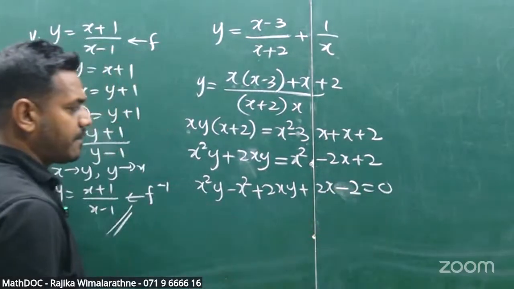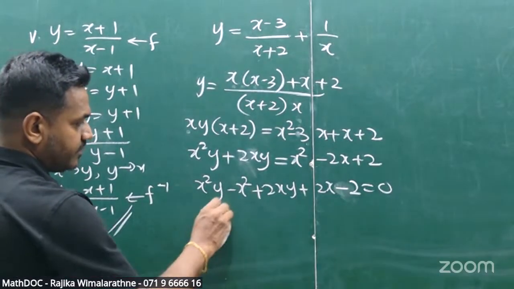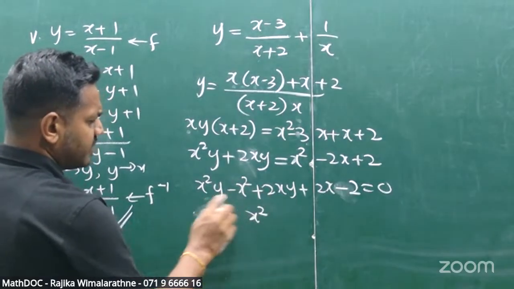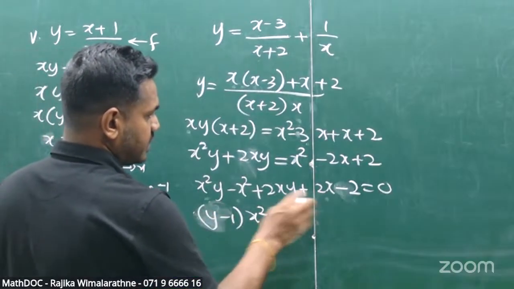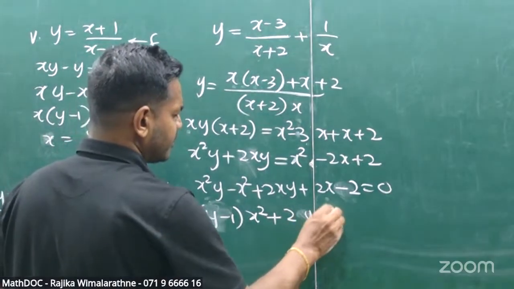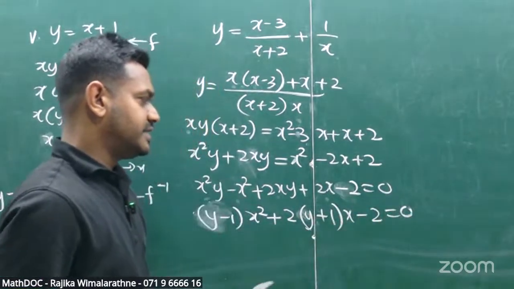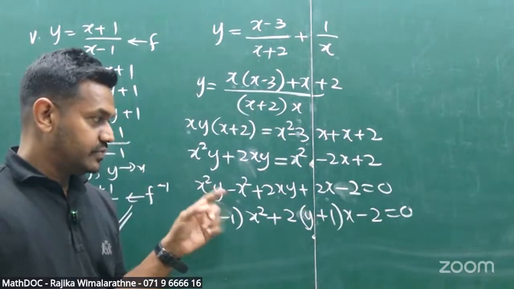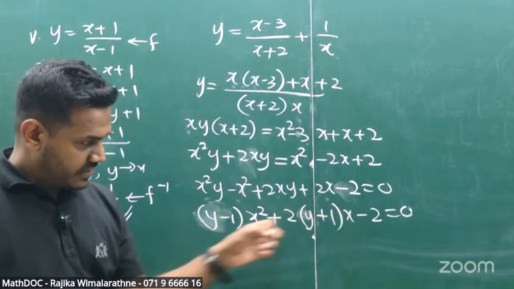Here it is. Now we can see a quadratic pattern, no? Then subject x squared: here y minus 1, take x outside, equals 0. Now this is quadratic format. To subject x, here we have x to the power 1 and x to the power 2, two different formats.